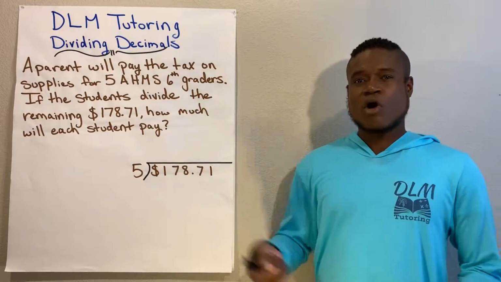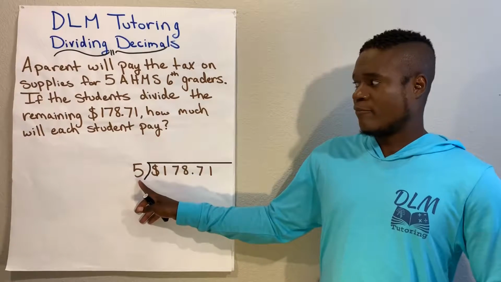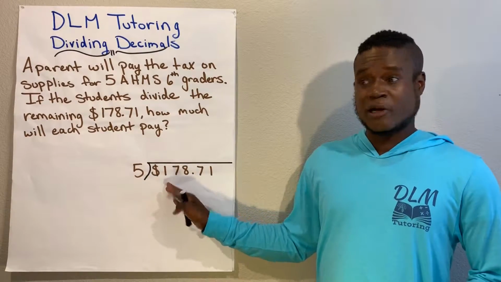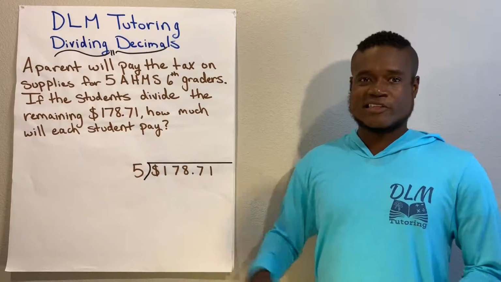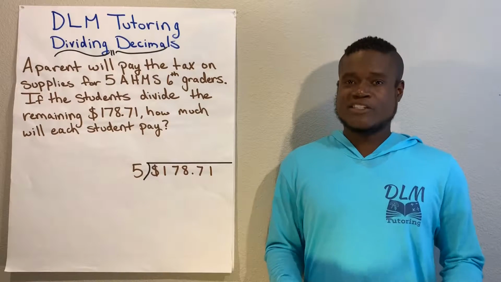So, as you can see, I've already set up my long division problem with my number 5 on the outside and the amount of money that's being split up by those 5 students on the inside. Division can be helped by putting in some place value charts.